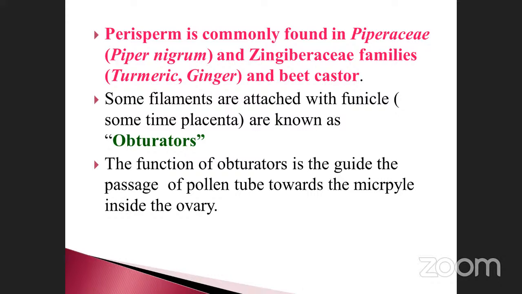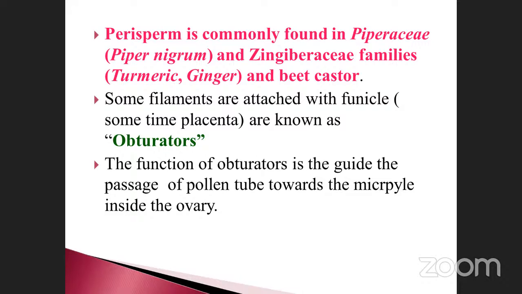These are the examples. Another one is that some filaments are attached to the funicles. Sometimes the placenta is known as obturator. This is also another one. Some filaments are attached. A filament is just a thread-like structure present on the placenta and funicle.